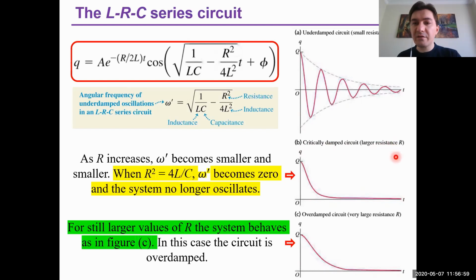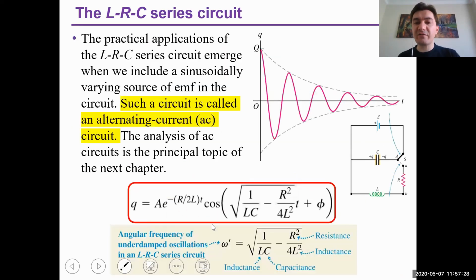If we have larger resistance, like this is the critical resistance, let's say, then we have a critically damped circuit. And the charge does not oscillate anymore, okay? It just goes down with that relation. If you further increase the resistance of the system, what will happen?